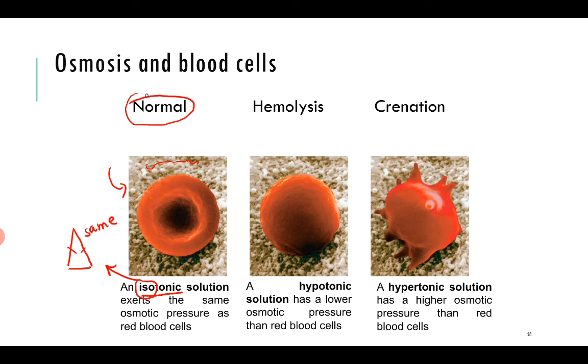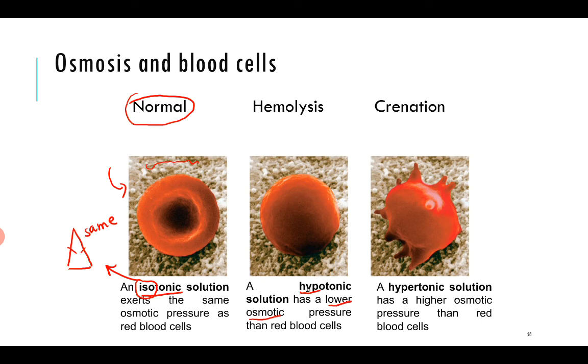That is normal. But there are conditions where you're not normal anymore. A hypotonic solution has a lower osmotic pressure, and so we have water flowing across that cell membrane.